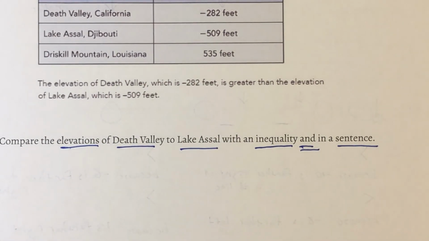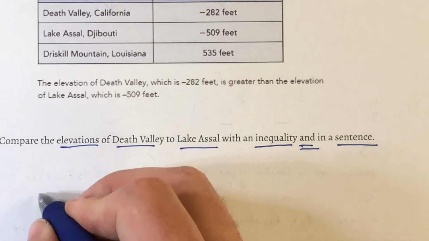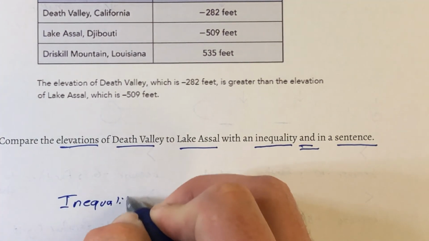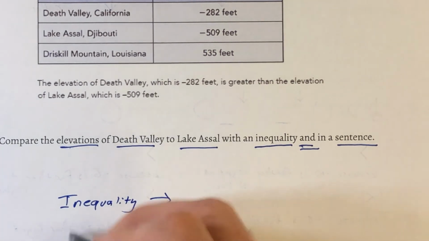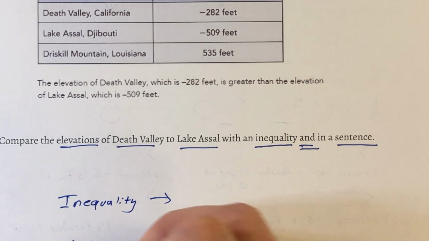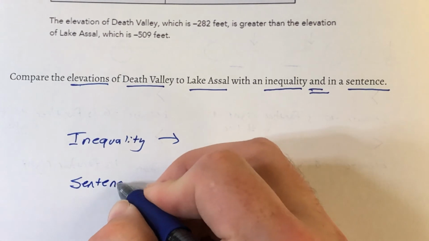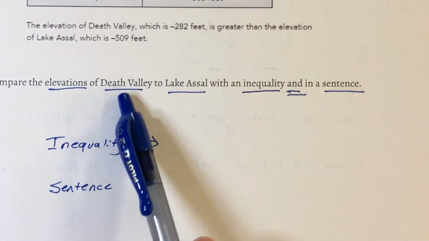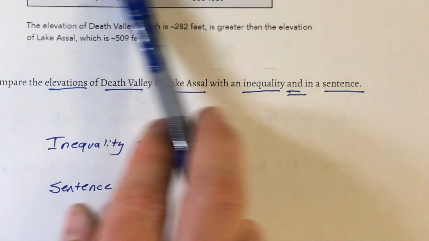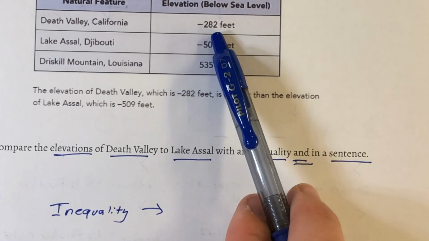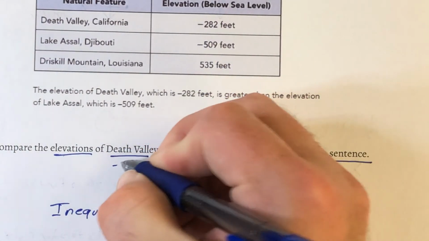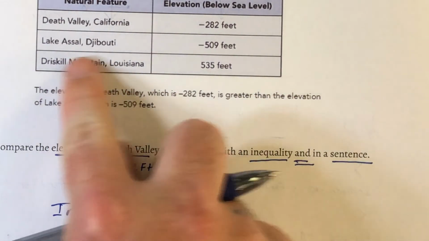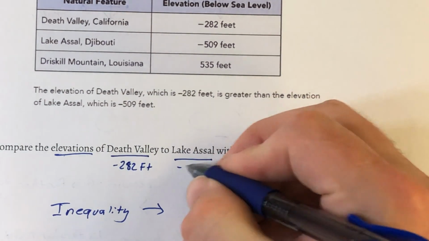So let's jot down 2 spots for our answers. So we're going to have an inequality, and we're going to have a sentence. Okay, let's jot down our information. Death Valley, it is negative 282 feet. The lake is negative 509 feet.